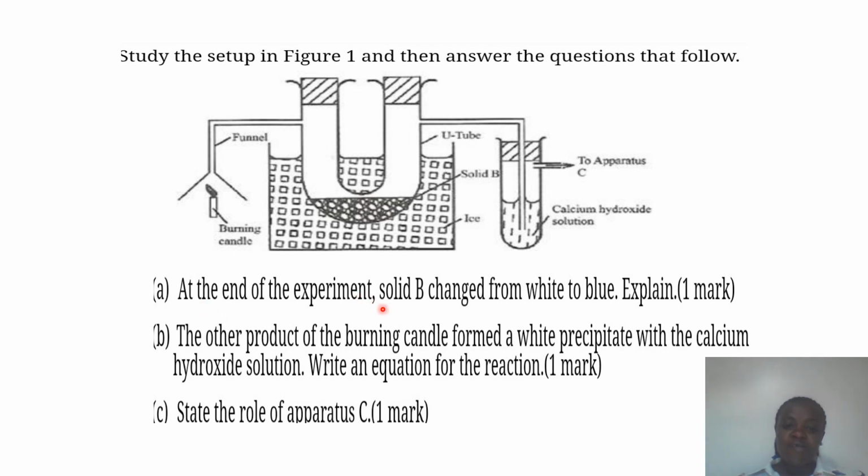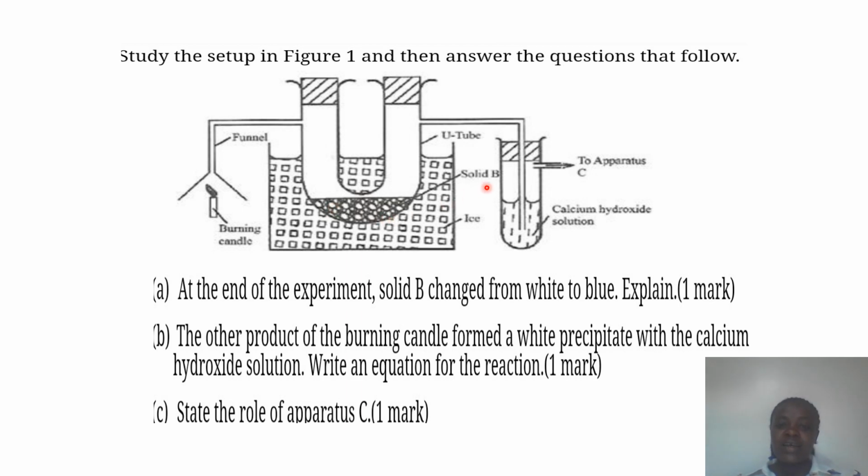So at the end of the experiment, solid B changed from white to blue. Explain. So solid B here must be anhydrous copper 2 sulfate. This is what changes from white to blue when reacted with water. When we burn a candle, we form two products. The first product to be collected will be water.